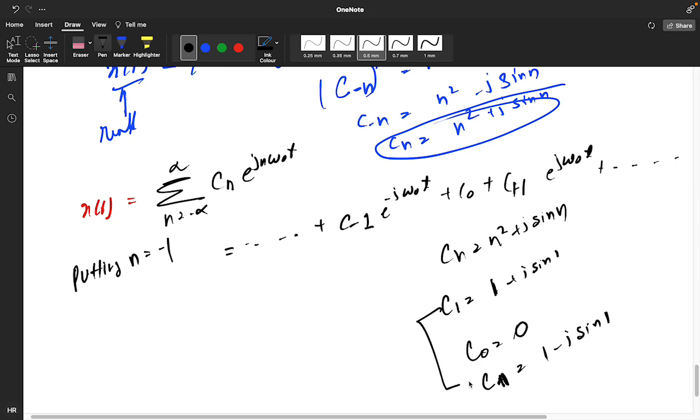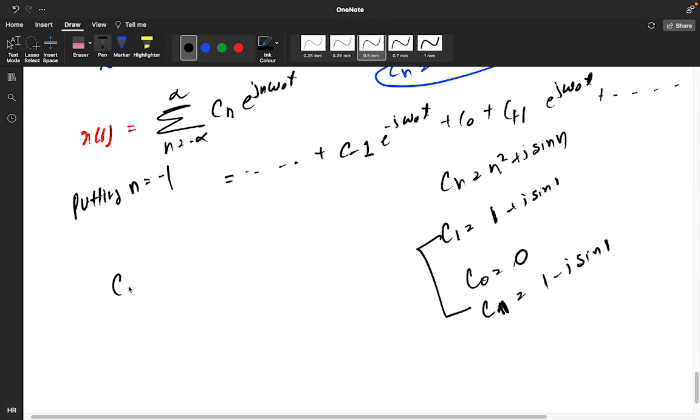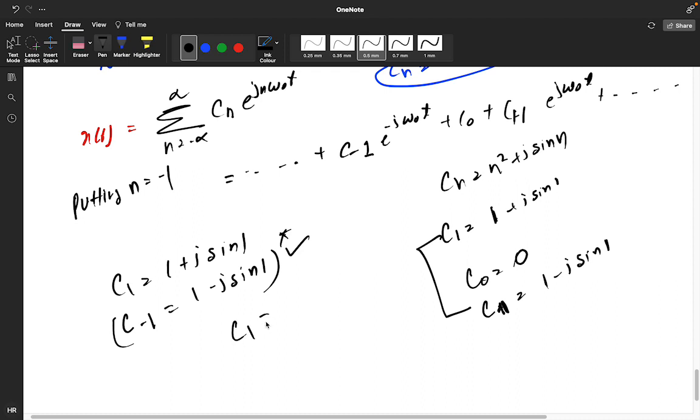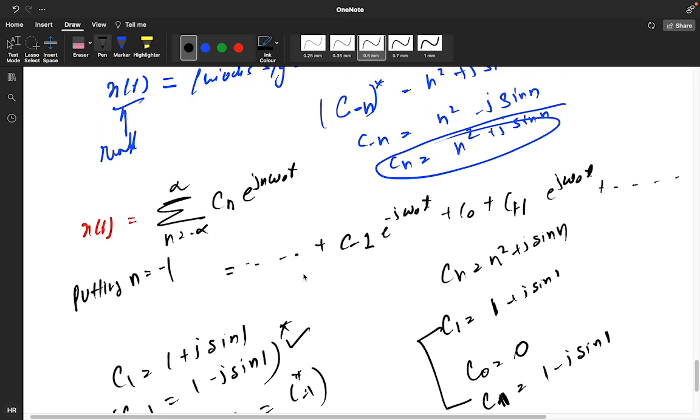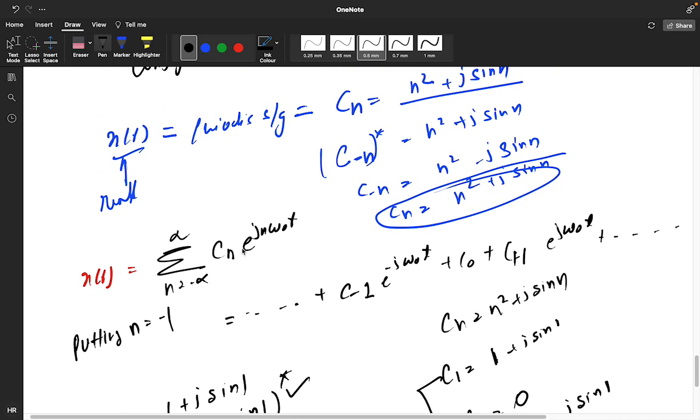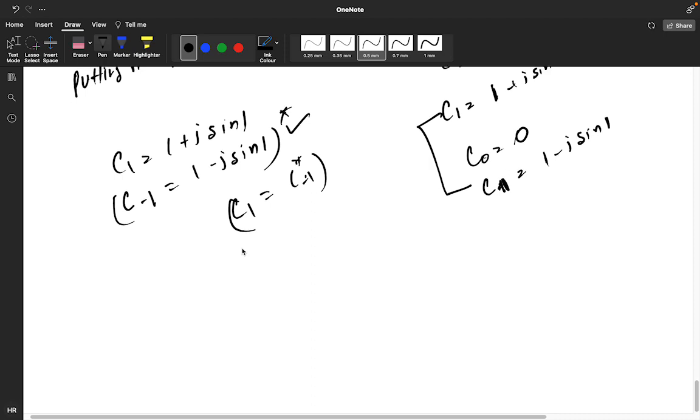So see this, one is c of n equal to 1 plus j sine 1, and the other is c of minus 1, 1 minus j sine 1. If we take the conjugate, we will get the same result. So c of n is equal to c of minus 1 conjugate, because this is a real signal. So in a real signal it's possible.